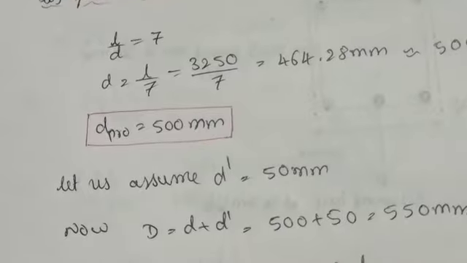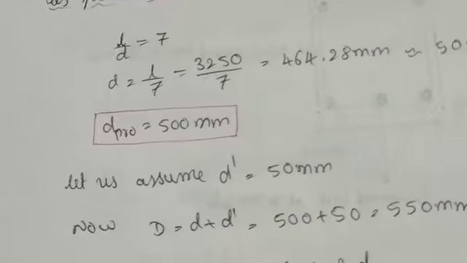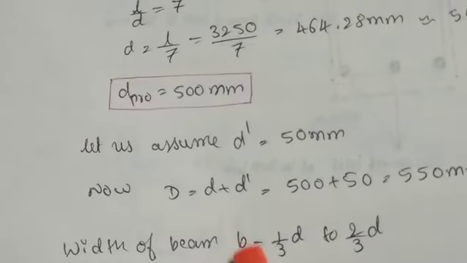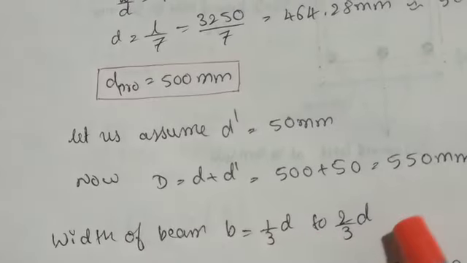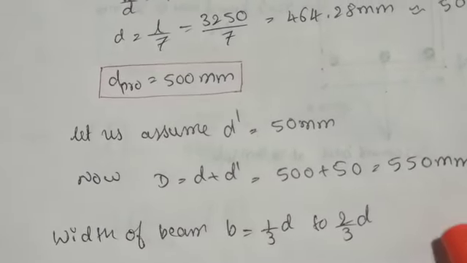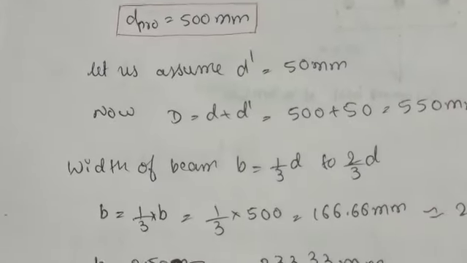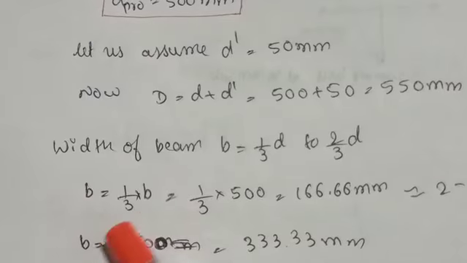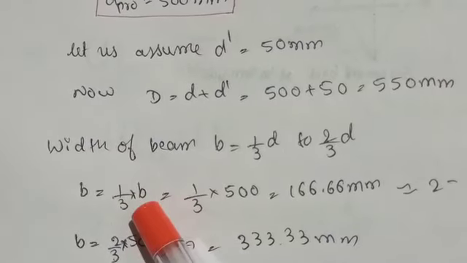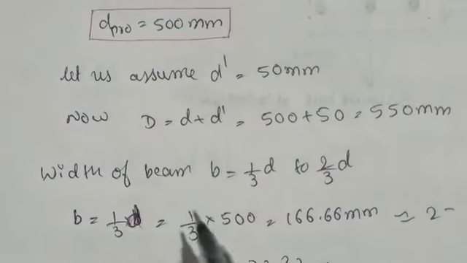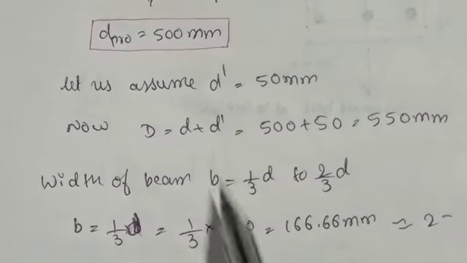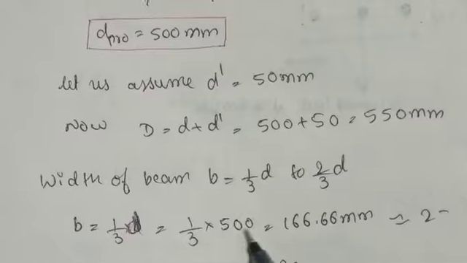Now we'll go for the calculation of the width of the beam. For that we have the formula, B is equal to 1/3 D to 2/3 of effective depth. B is equal to 1/3 of effective depth, that is 1/3 into 500 mm.